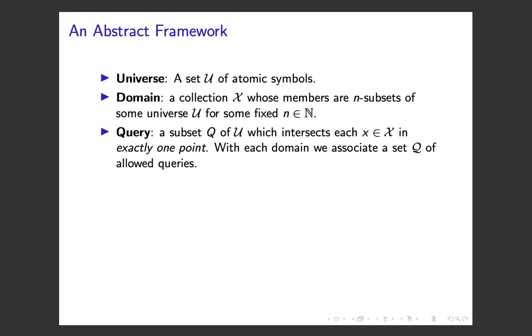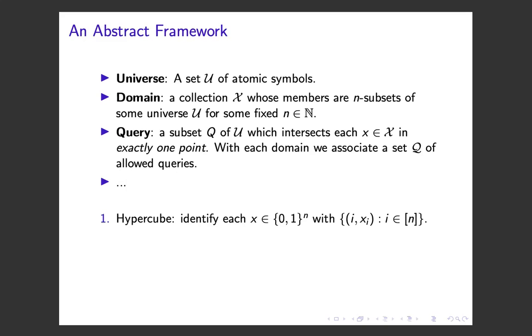There's a number of other properties that one must define in order for various other complexity measures to be well defined, and we won't get into these details, but please see our full version of the paper on the archive for a full definition of this abstract framework. So these three definitions here will suffice for the remainder of the talk.